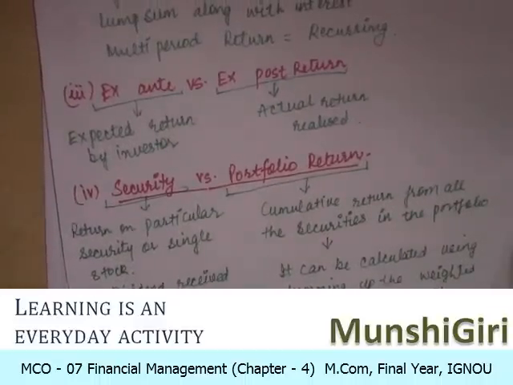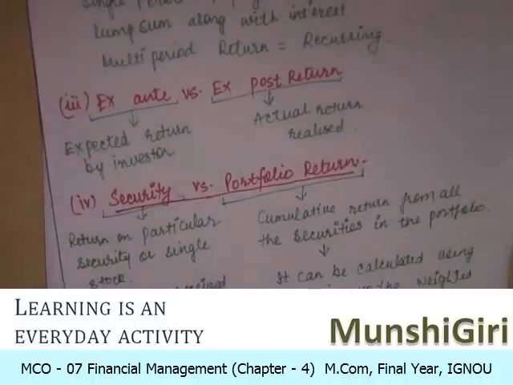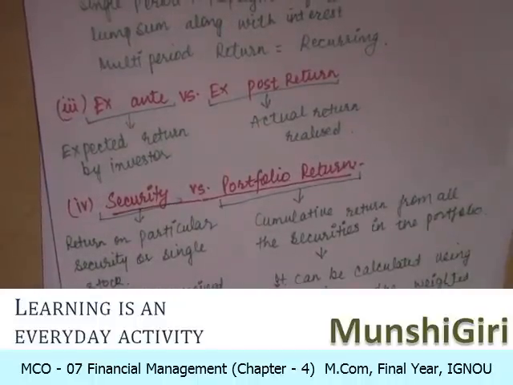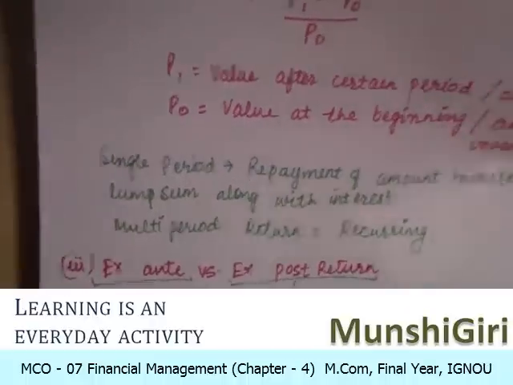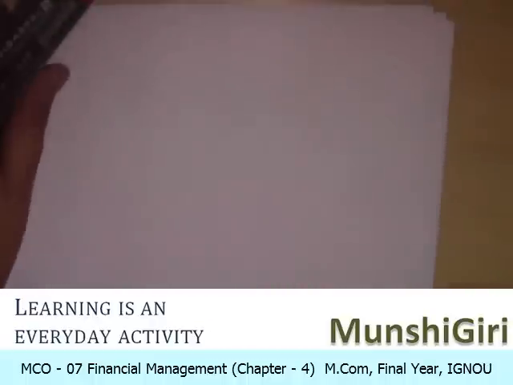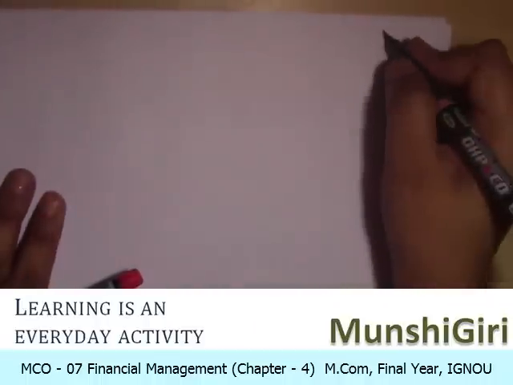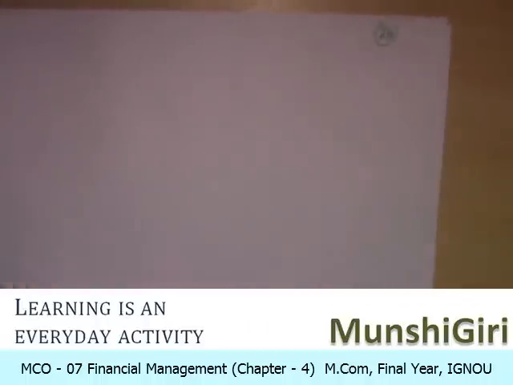Coming to the types of risks we have. Now the risk can be divided into two components: systematic risk and unsystematic risk. Page number 23. The topic is types of risk.